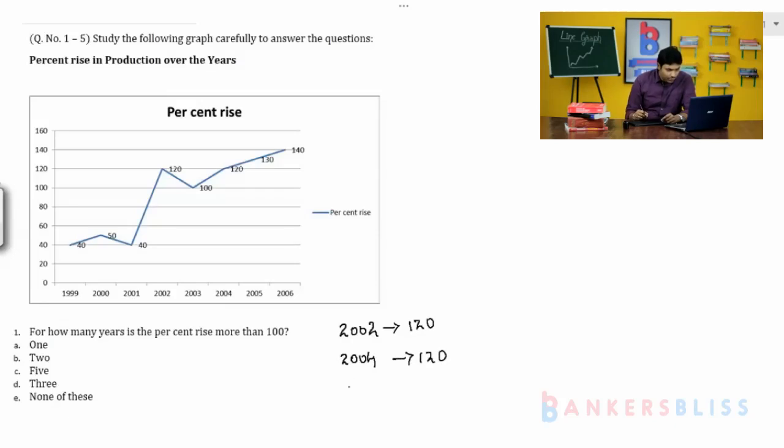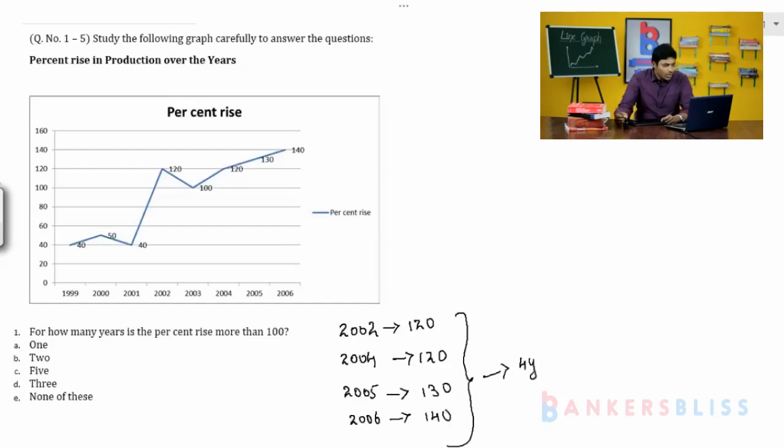Next, 2005 is 130. Next, 2006 is 140. So in all these four years we have data more than 100%: 2002, 2004, 2005, 2006. Altogether you have 4 years, so 4 years is the right answer. In the options you don't have 4 years, so the answer is none of these.